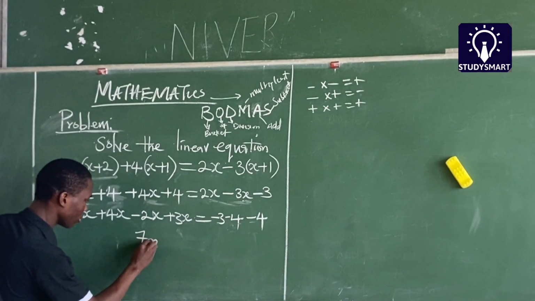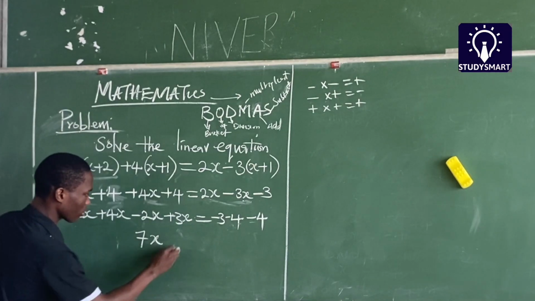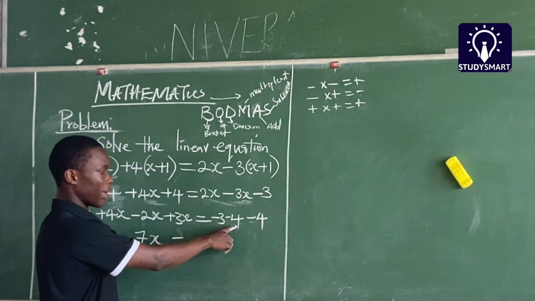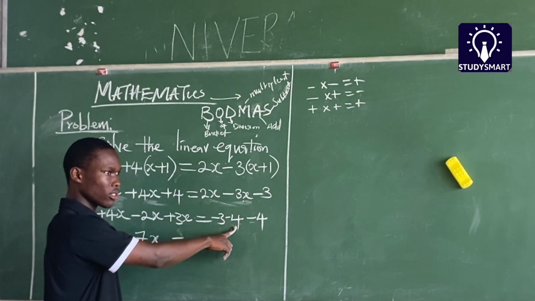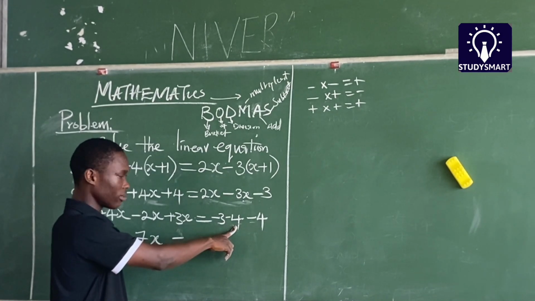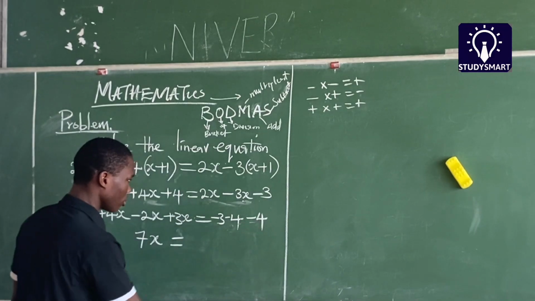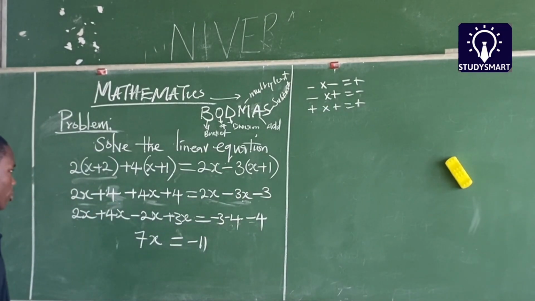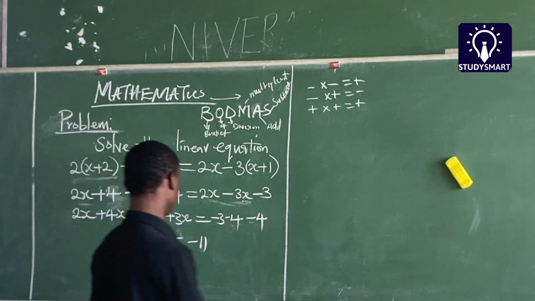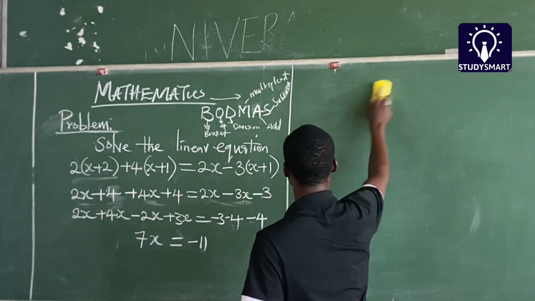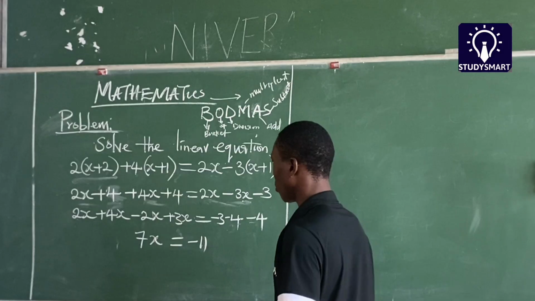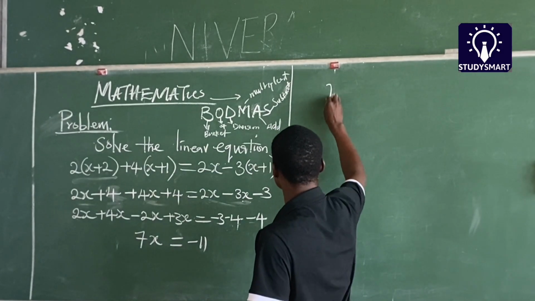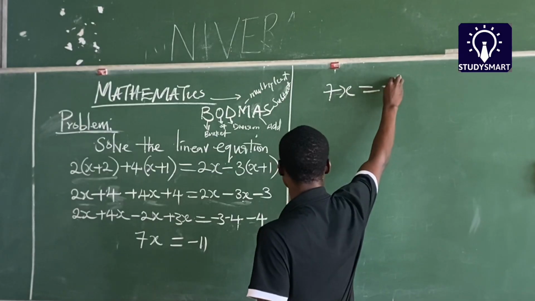So this is 7x, equal to, minus 3 minus 4 here is going to give us minus 7. Now minus 7 minus 4 is going to give us minus 11. All right, so this is 7x equal to minus 11.